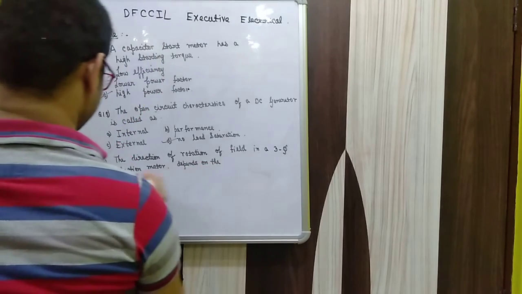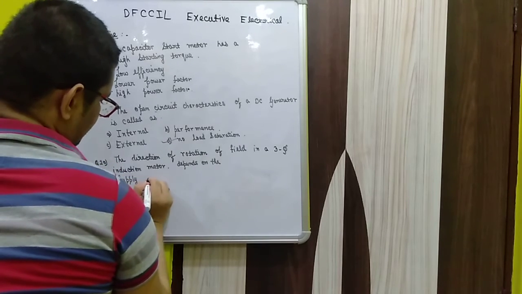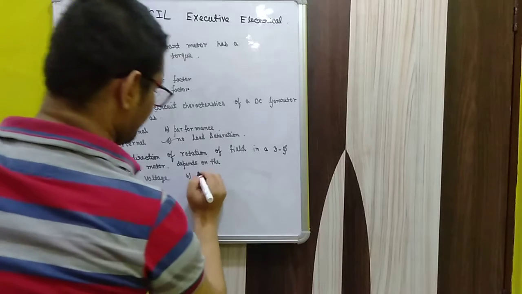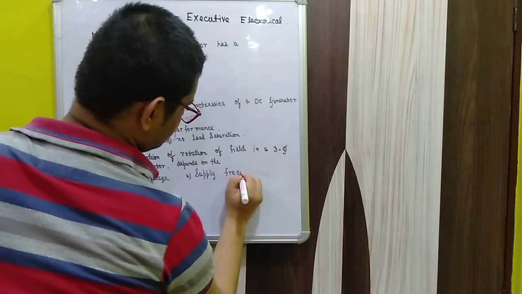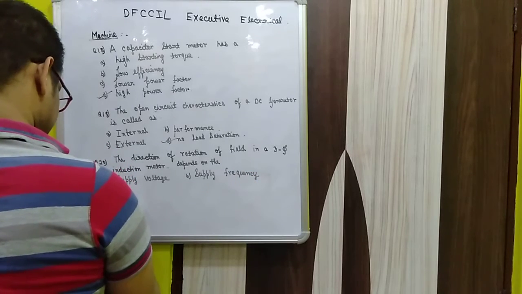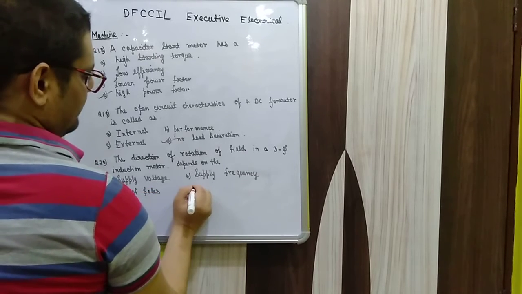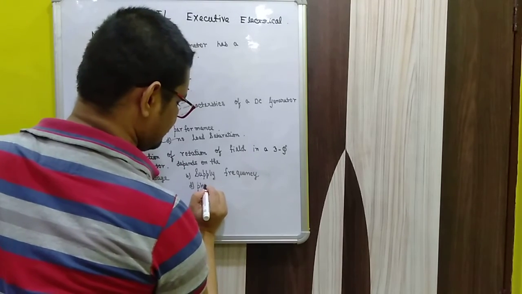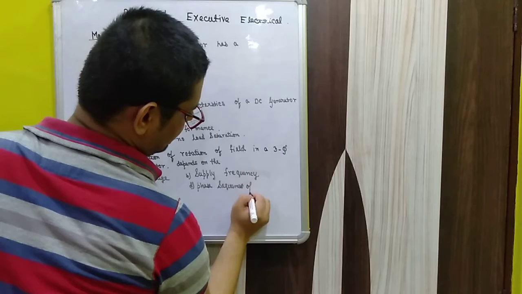There are four options given. Option A is supply voltage, option B is the supply frequency, option C is number of poles, and option D is phase sequence of supply voltage.